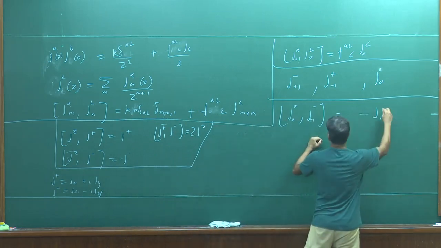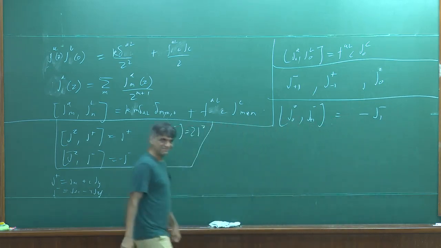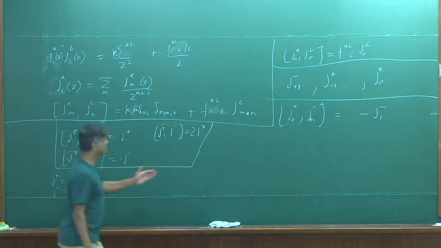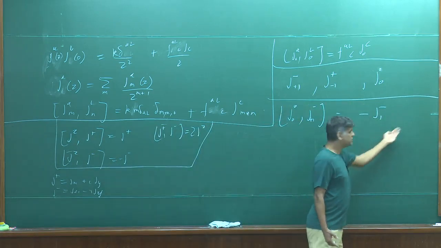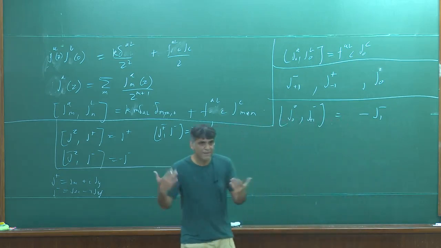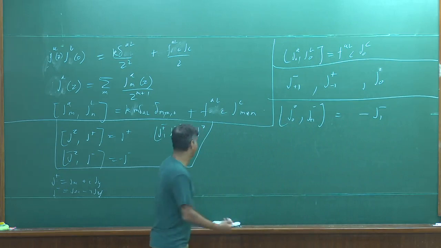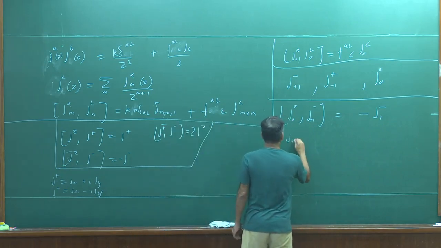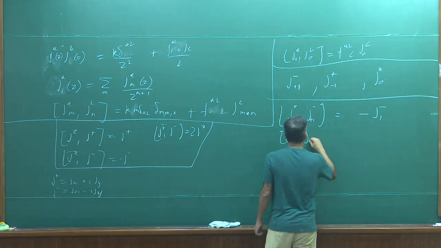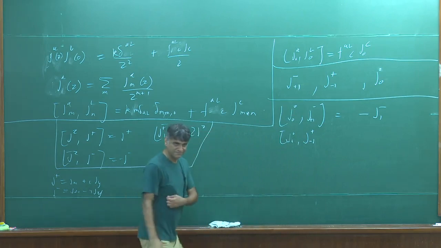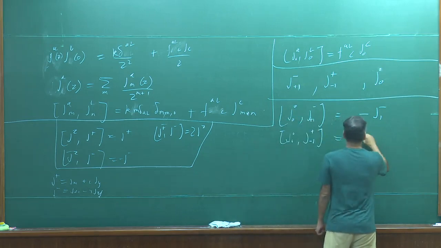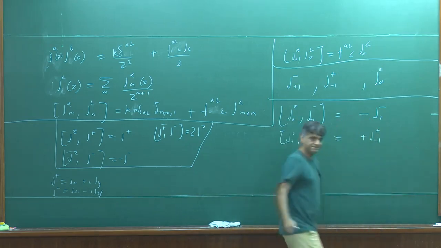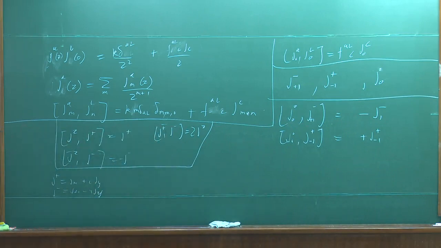So this will just give us a minus J minus. Remember J0 commutated with J minus 0 was minus J minus, so it's the same thing with 1, same f^{ABC}. Okay, so J0^z with J_{-1}^plus. Once again, similar logic, is plus J plus with mode minus 1. Is this clear?